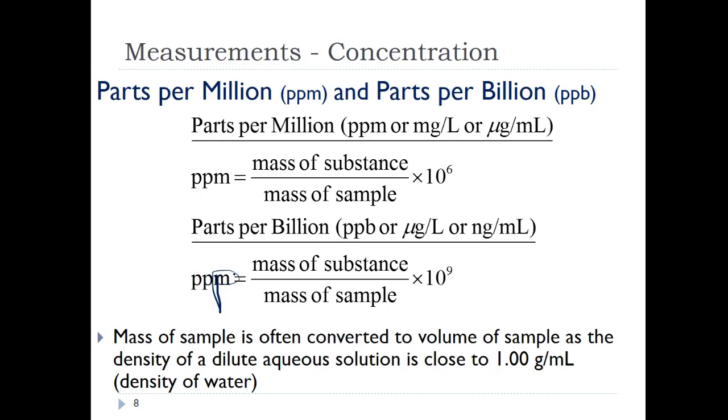Okay, so those are the definitions you're usually given, but as long as we're dealing with an aqueous solution, the units that are most useful and easiest to get in the lab are actually not using that. It's actually parts per million is if you take the milligrams of the solute divided by the liters of the solution, that gets you parts per million.